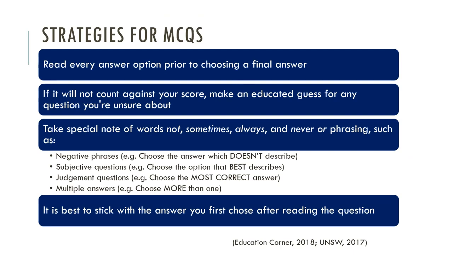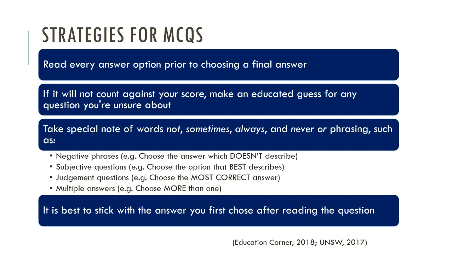Okay. You also need to take special note of words such as not, sometimes, always, never, or negative phrasing which uses words like doesn't describe. You might get a stem that says choose the answer which doesn't describe.